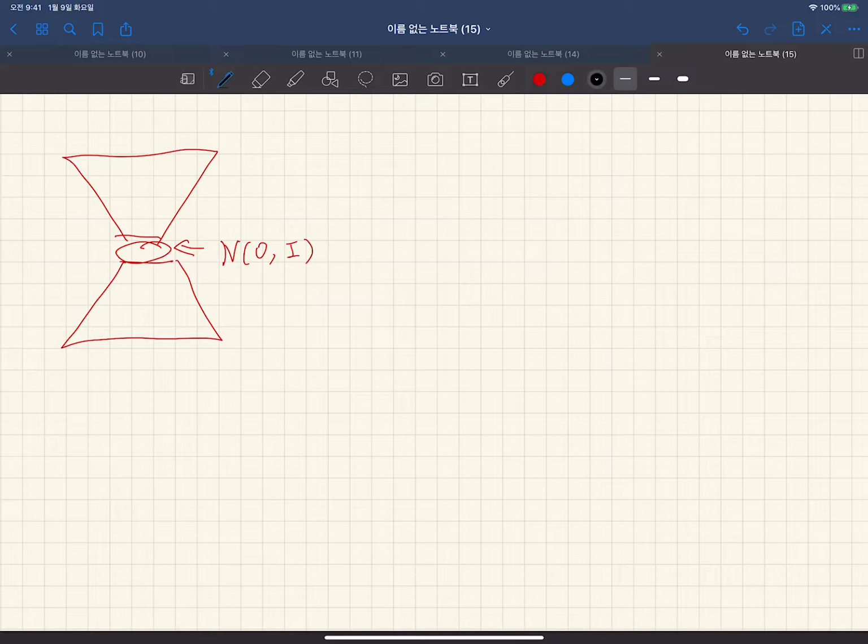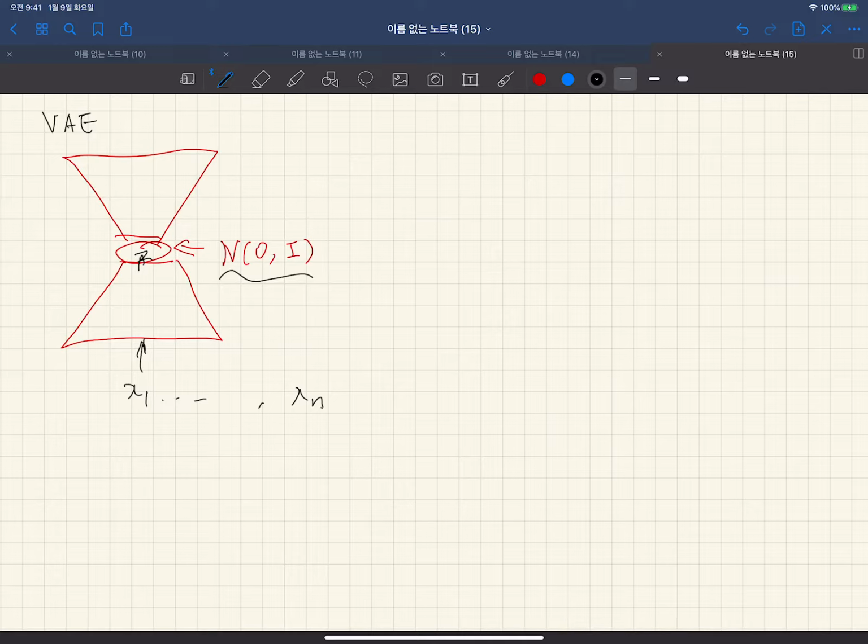Okay, so for the variational autoencoder, there is one more clear objective. We want to make the latent variable z generated from all your training data points x1 through xn follow some normal distribution.